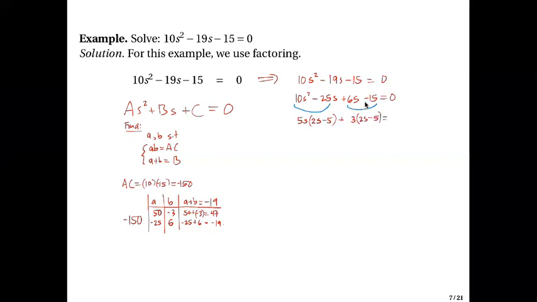Of course, that's equal to 0. And further factoring gives us 5s plus 3 times 2s minus 5 equals 0.